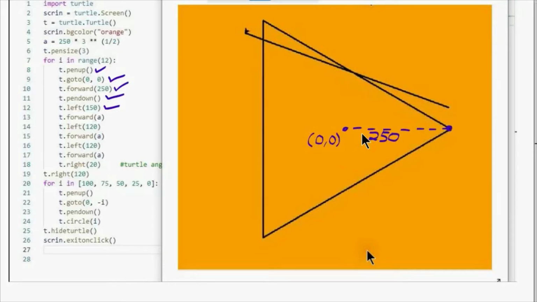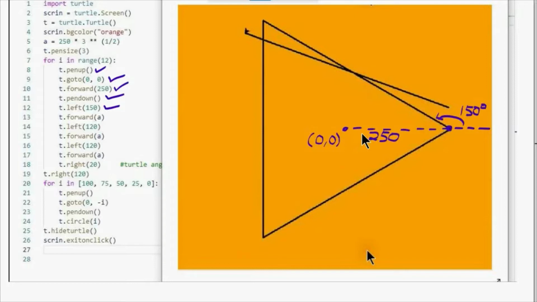Why is that? Because at this point, the turtle is oriented towards that direction, and we want the turtle to be oriented to this one here. Now this angle here is 150 degrees.